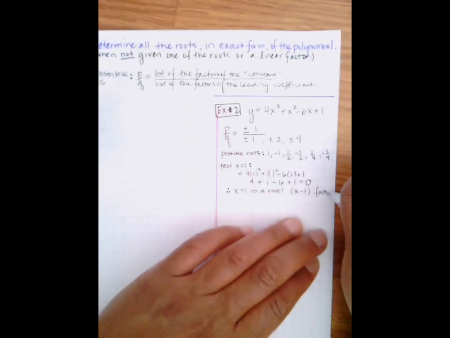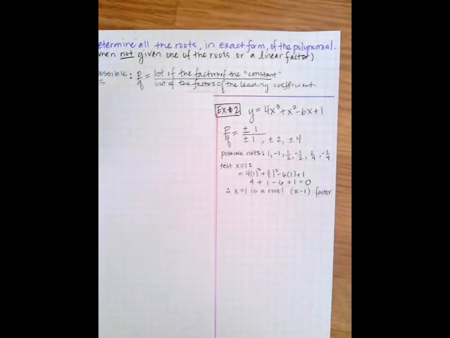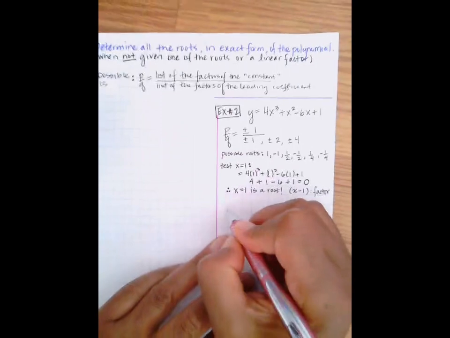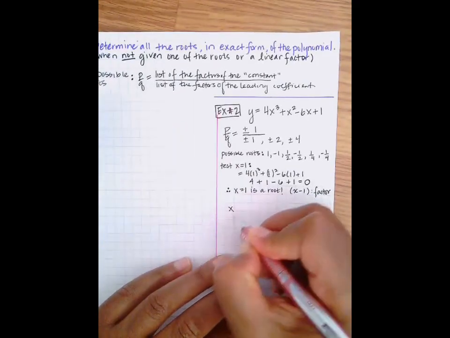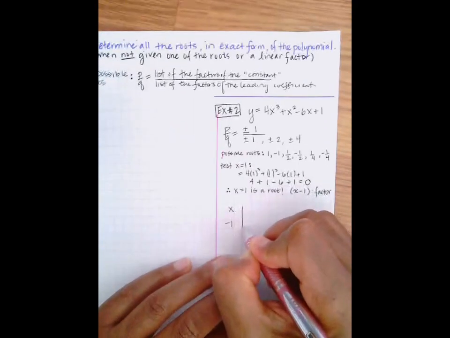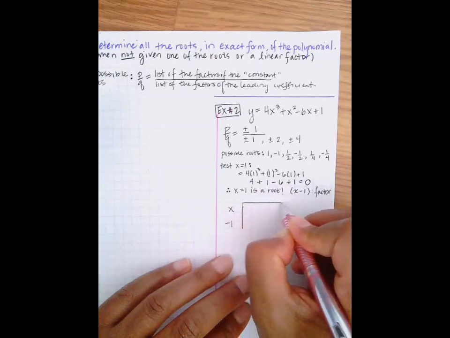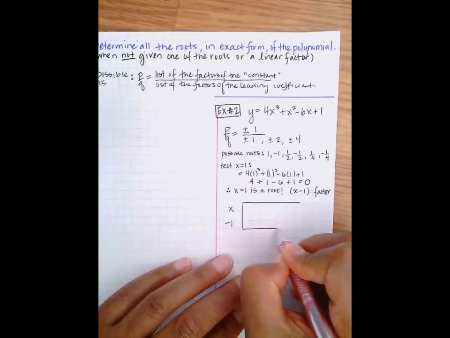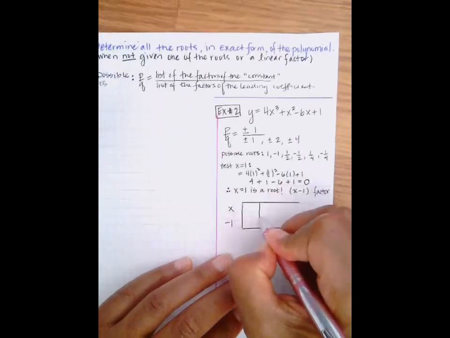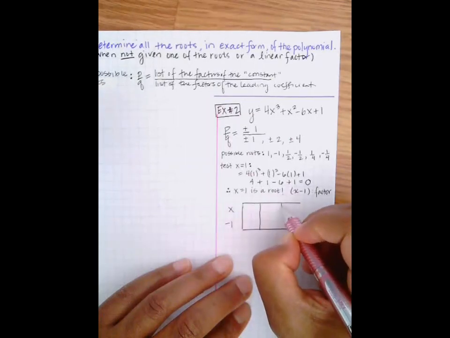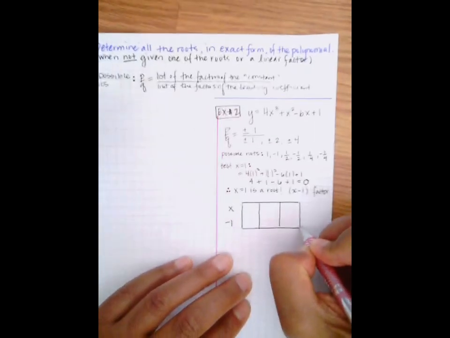And x minus 1 would be the factor that corresponds to that root, because I found it on the first try. So let's go ahead. I'm going to use the area model to actually do, in this case, the dividing of the polynomial. And I know that I'm taking a cubic down 1 degree down to, in this case, a quadratic.